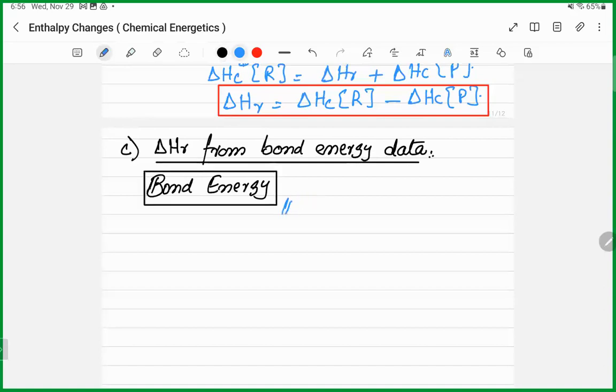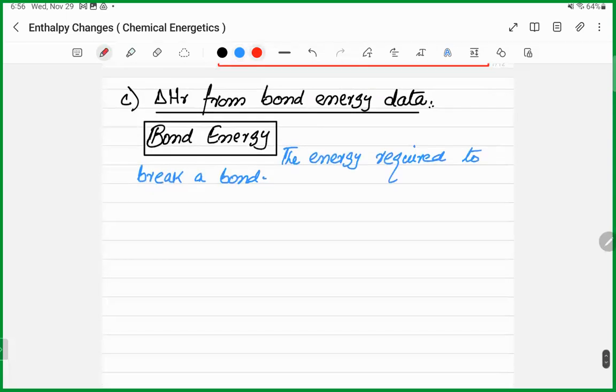Bond energy is basically the energy required to break a bond. ठीक है, and we know that we defined it in terms of bond breaking, but we know that the bond breaking is always positive. Endothermic होती है ना? And the bond formation is always exothermic.